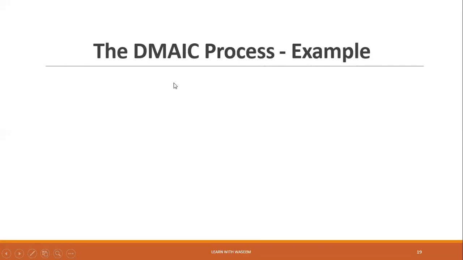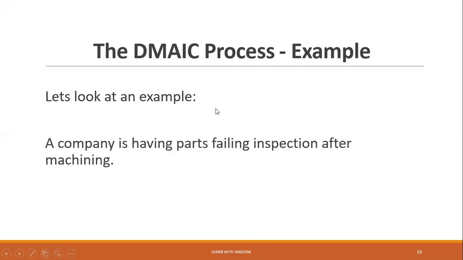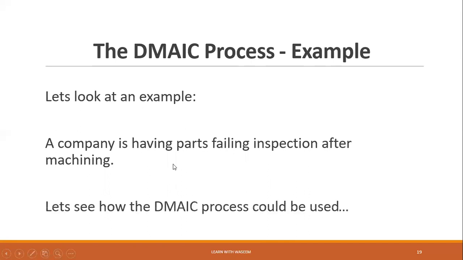Okay, let's discuss the DMAIC process with very simple examples. Let's look at an example. A company is having parts failing inspection after machining. Let's see how the DMAIC process could be used.